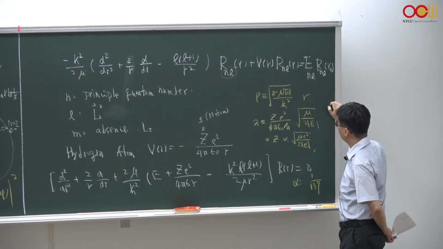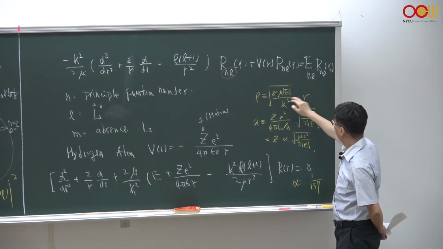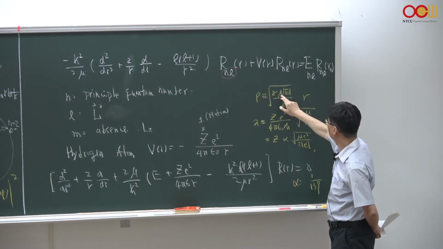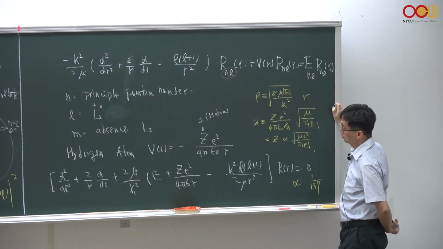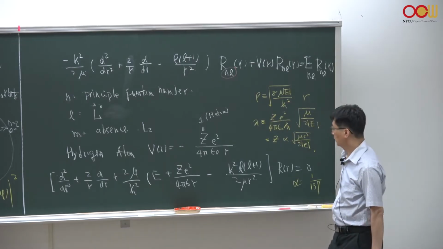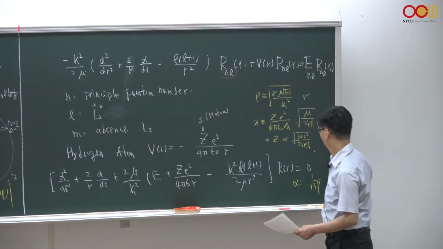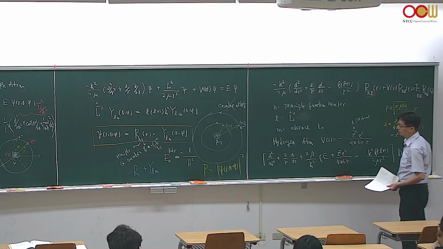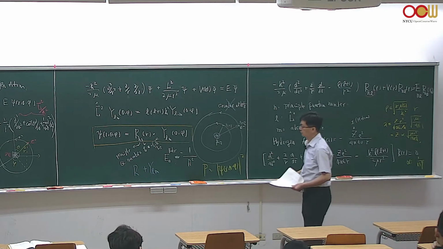Inside the prefactor is the square root of the effective mass, mu, of the electron times the magnitude of the energy. Remember, the Coulomb potential in the hydrogen atom is actually negative.